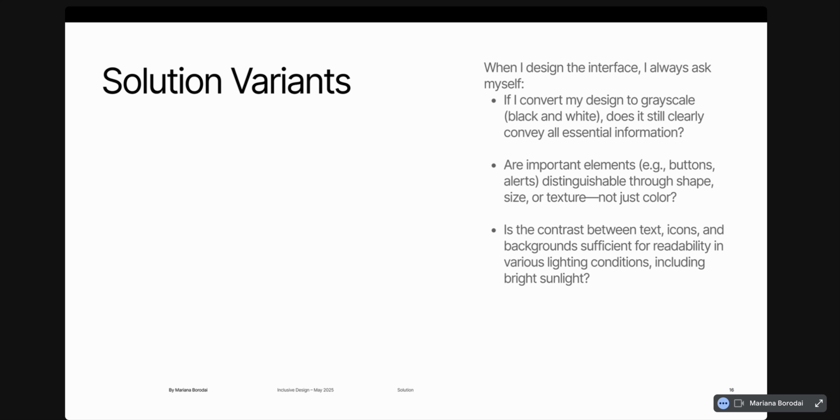This is the first one. Are alerts distinguishable by shape or icon, not just color? Is contrast good enough for any, for example, lighting condition? This helps me test my design in my mind and in Figma for accessibility right from the start.